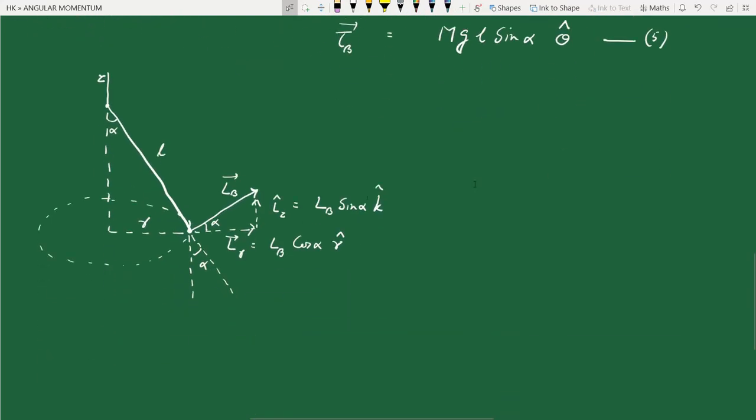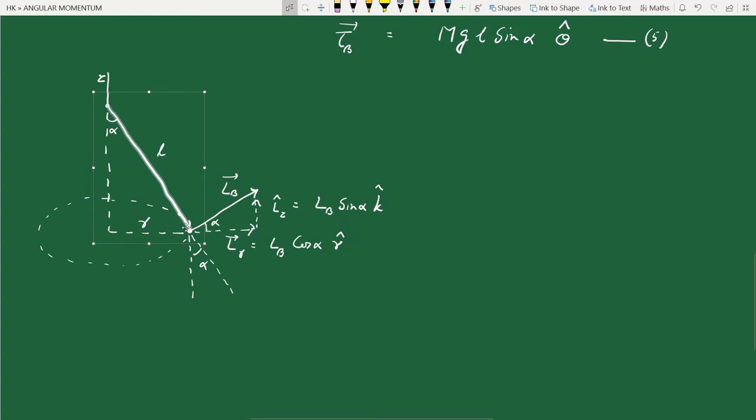But as the bob revolves around the circular path, the direction of LB will continuously change, because LB is always perpendicular to RB and MV. So it will be perpendicular to the plane containing the length of the rod and the tangential momentum, and the direction will always be changing.